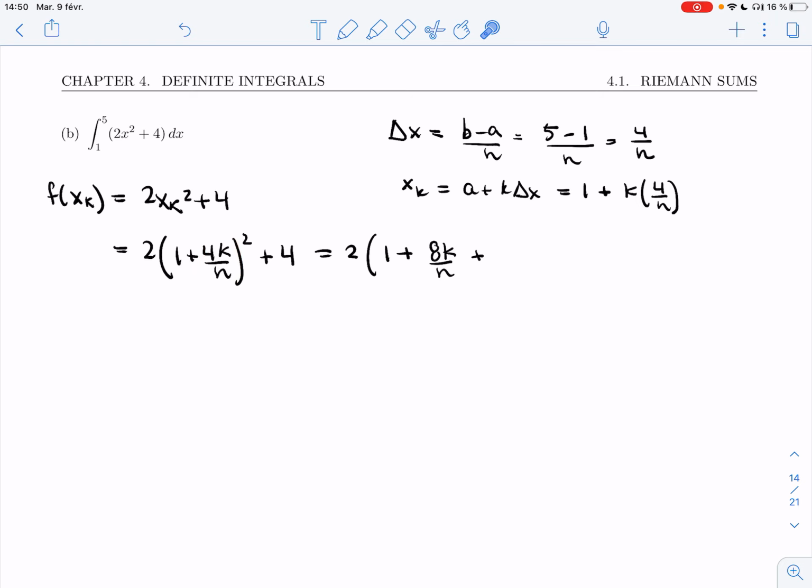And so I need the b squared at this point. That's going to be 16k squared over n squared. And I'm going to have plus 4. All right, so what I'm getting is 32k squared over n squared, I'm getting 16k over n, and then 2 plus 4, I'm getting plus 6.